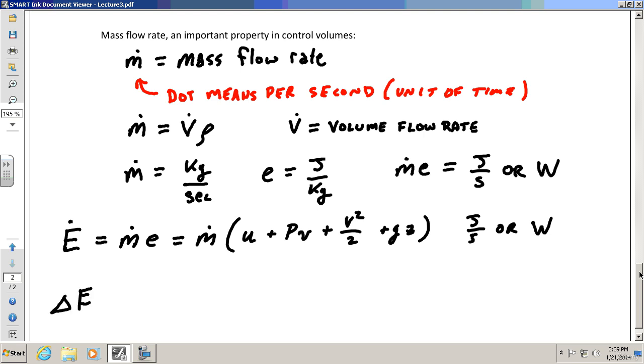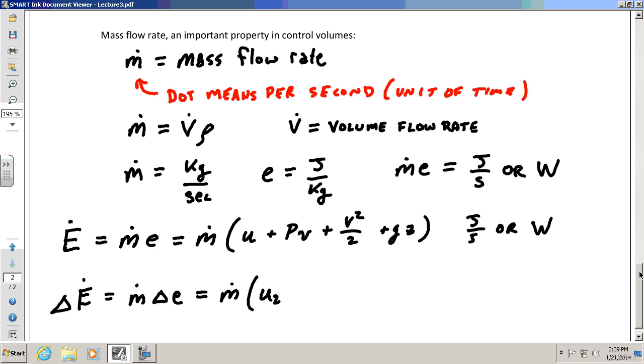The change, at least in terms of power, delta E dot, is going to be m dot, and instead of looking at the values, we'll have to look at the change.